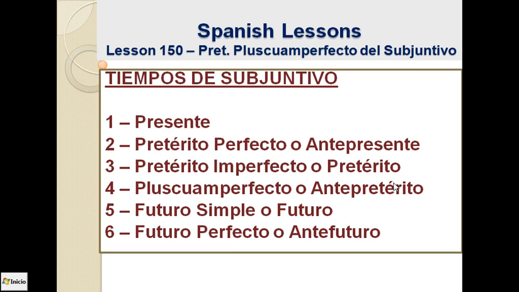Hi students, this is our lesson 150 and in this class we will continue learning the tenses of the modo subjuntivo, or subjunctive mode, right? In this class, which is our fifth class within the topic of modo subjuntivo, we will see the pretérito pluscuamperfecto del subjuntivo.